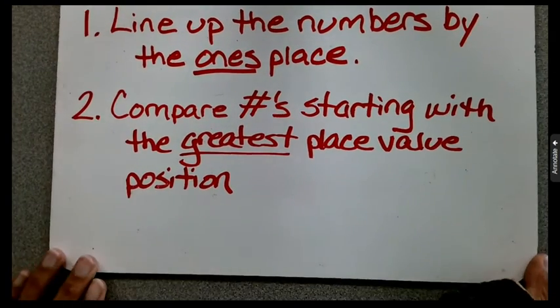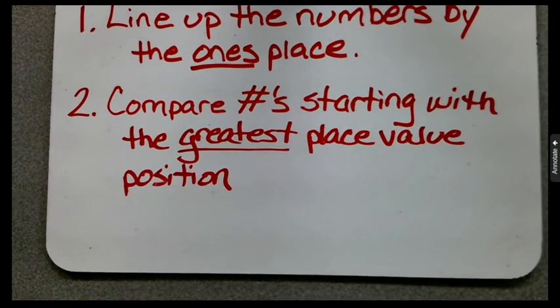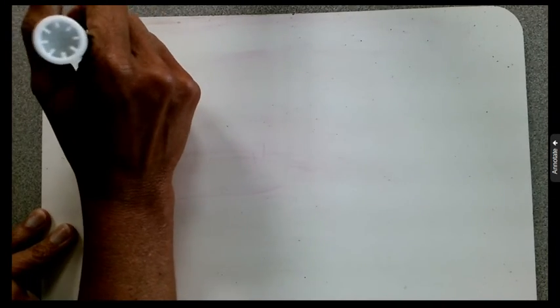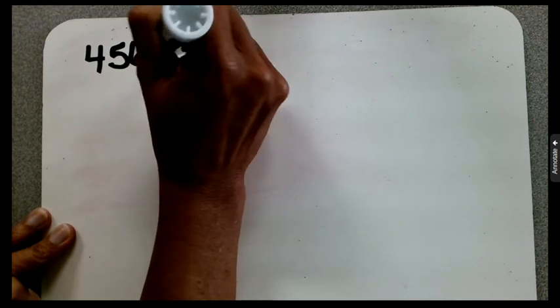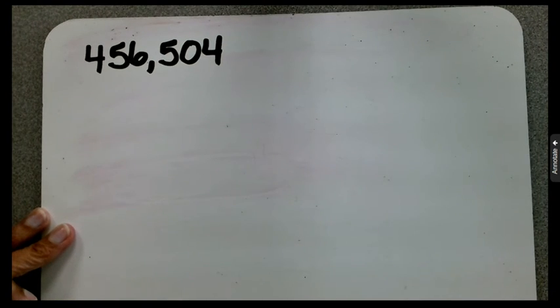All right, we're going to work through one more of these together. And this time, we are going to be lining up the numbers in order from least to greatest, but we're still going to be following the same rules. Okay? I would like you to write these numbers with me on your board as we go along. We're going to have 456,504.